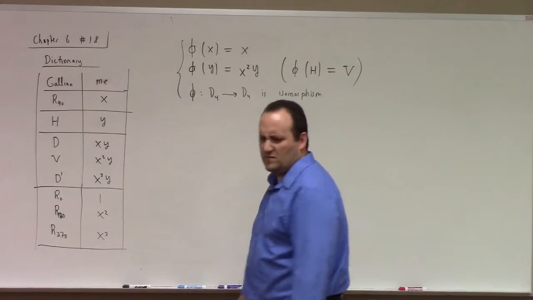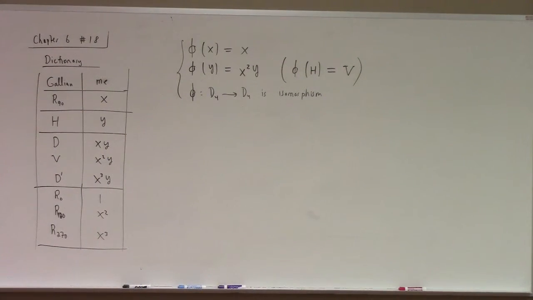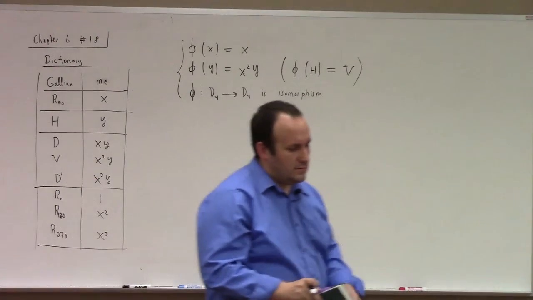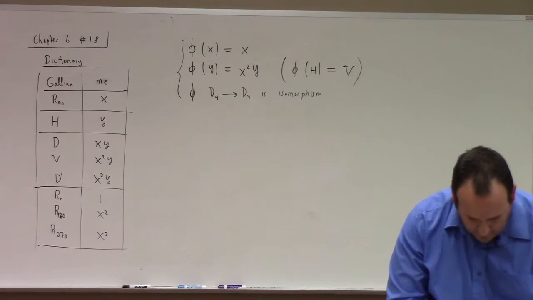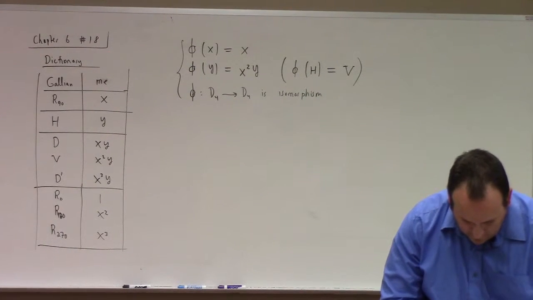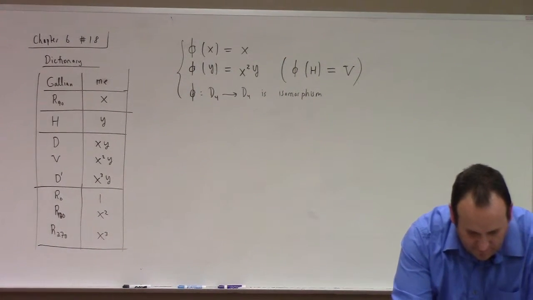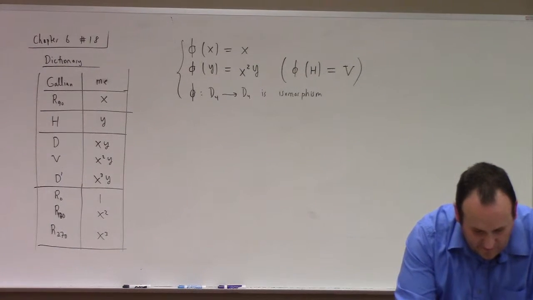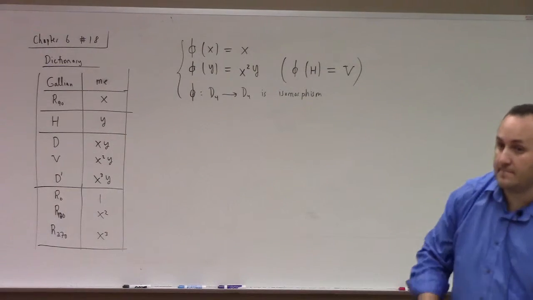I think he just has x in this problem, does he? Yeah, suppose phi is an automorphism of D4 that takes R90 to itself, H to V. Prove that phi is an inner automorphism induced by R90.